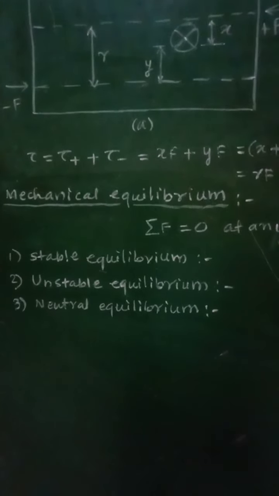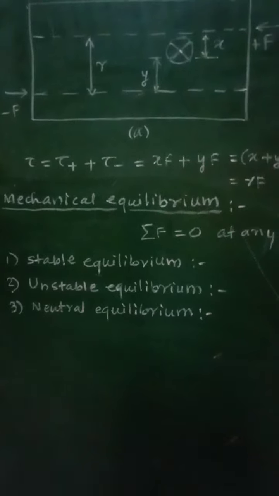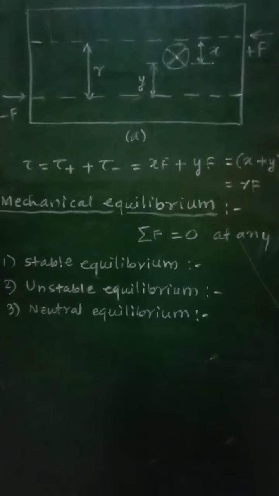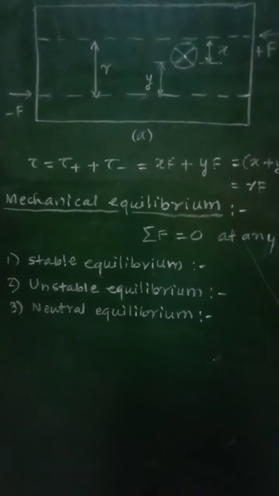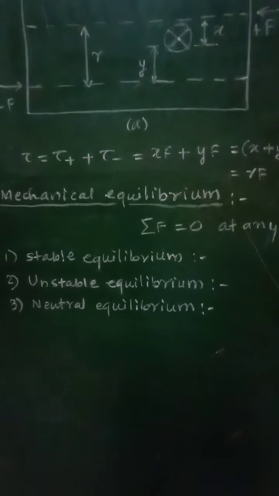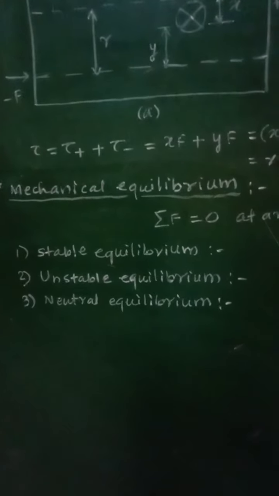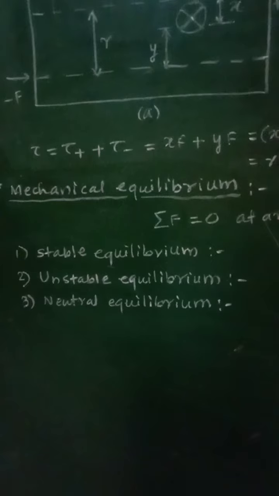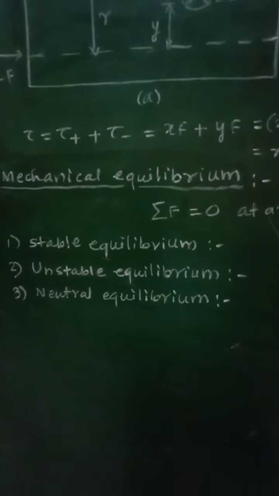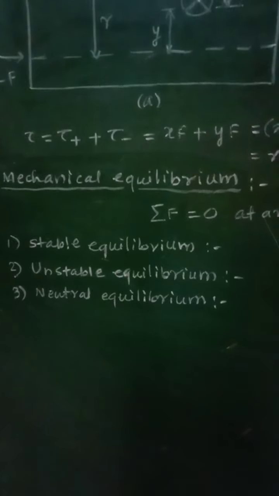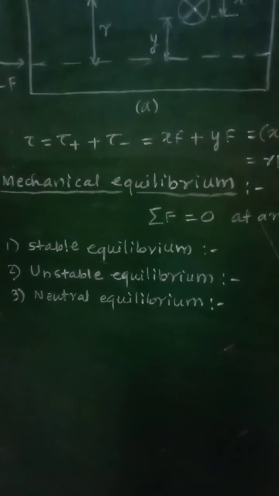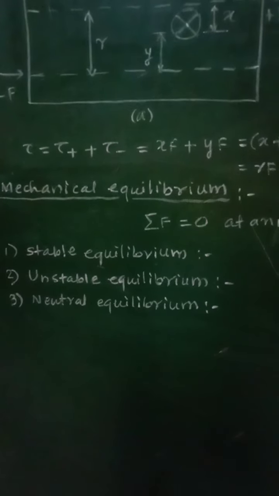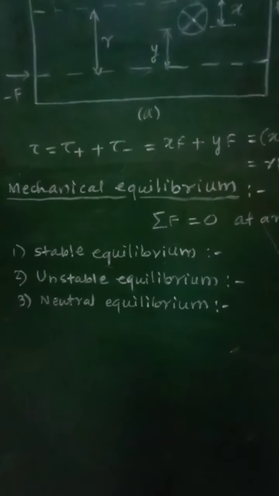On the other hand, if the body is disturbed from its equilibrium and released, and it moves further from its equilibrium, unable to achieve its original equilibrium position, then we can say that the body is in unstable equilibrium.